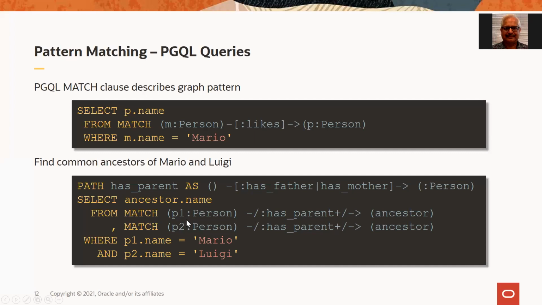We're looking for people, so vertices of type person, where P1 name is Mario and P2 name is Luigi, which are connected through a has parent relationship of one or more hops to a vertex variable ancestor, and that vertex variable is the same in both match parts, so that we're looking for the common ancestors.